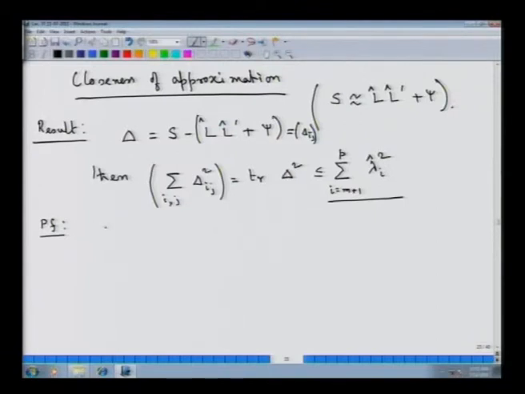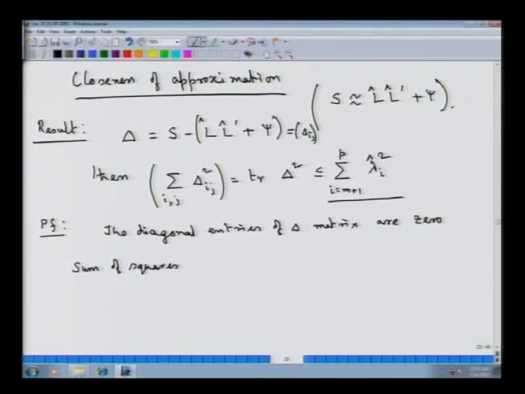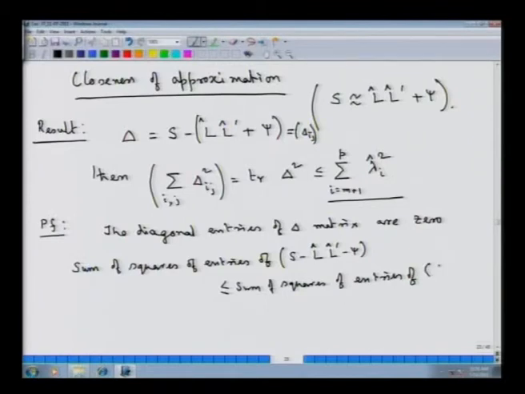First, we realize that the diagonal entries of the delta matrix are 0, and thus the sum of squares of entries of S minus L hat L hat transpose minus psi hat is less than or equal to the sum of squares of entries of S minus L hat L hat transpose, because the diagonal entries of the former are equal to 0, while the diagonal entries of S minus L hat L hat transpose are non-zero.